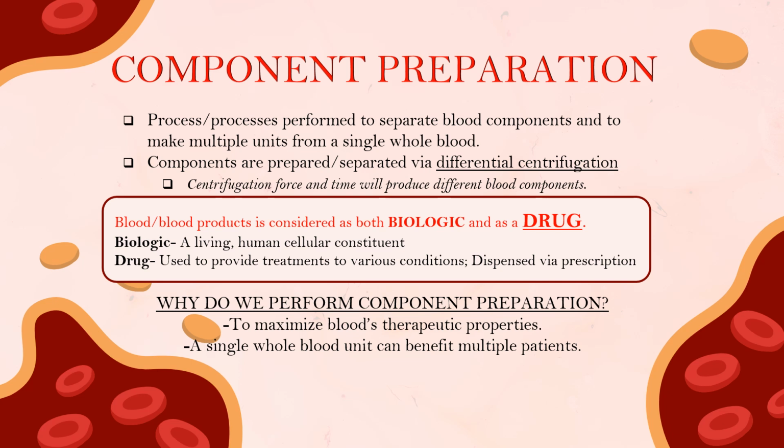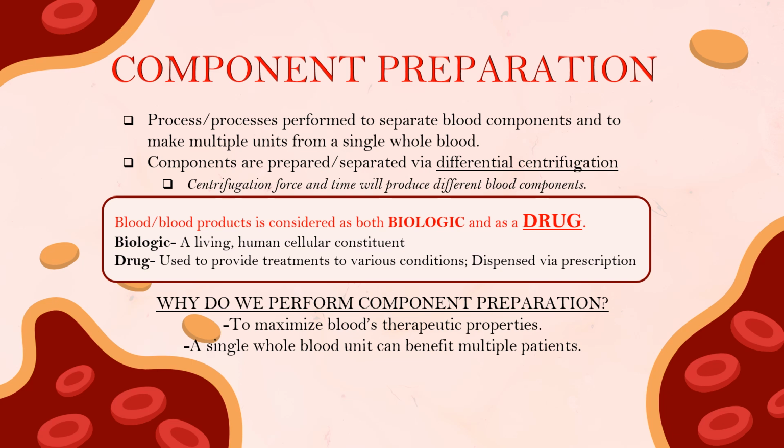In order to prevent this, in cases of severe dengue infection, your physician will prescribe the transfusion of platelet concentrate to suffice for the platelet volume of the body while your body is battling the infection and compensating for platelet production. And take note, class, that blood components or units, just like any other therapeutic drugs, are dispensed via physician's prescription or via the doctor's order.